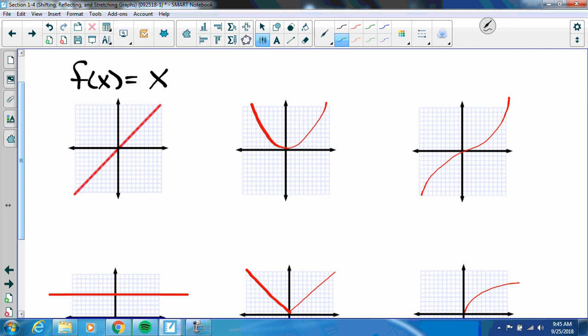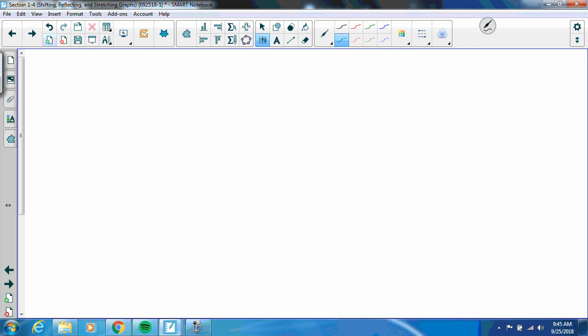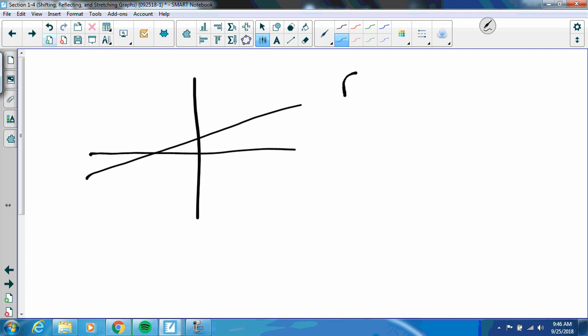What I mean by that is, if I gave you any general line, like say I gave you f of x equals 1/2 x plus 3. Let's say the slope was 1/2 and that was 3.